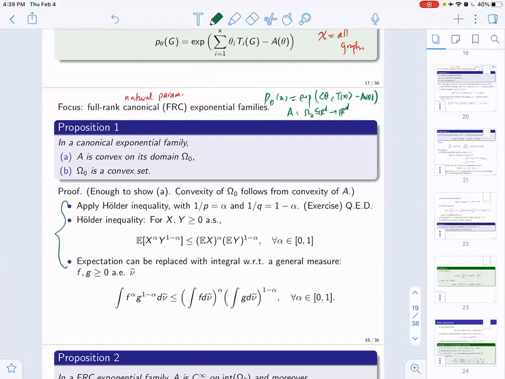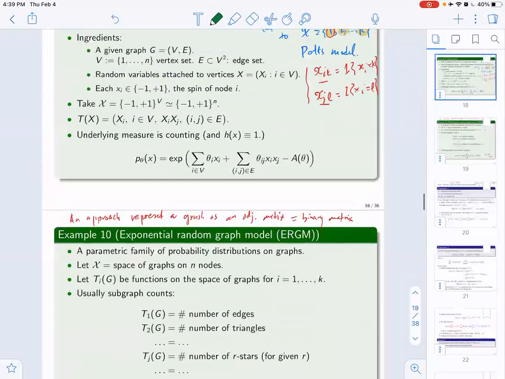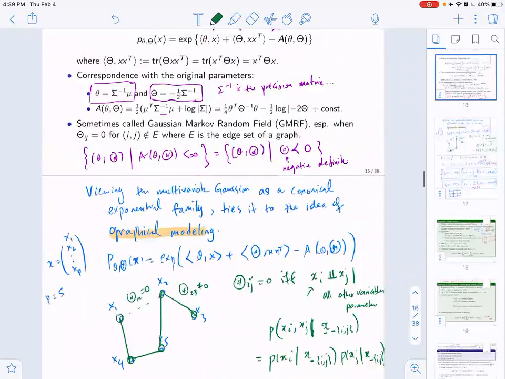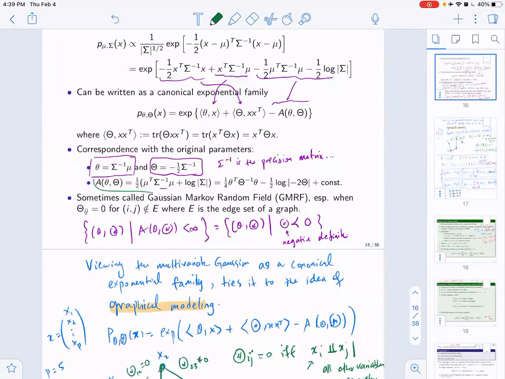There are enough hints here that you can go through this yourself. I'm not going to go over the proof in the interest of time, but this is a very useful property. If you go back, this is a very complicated multivariate function.